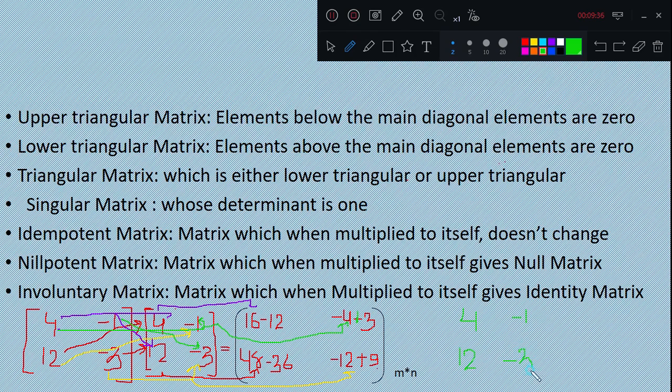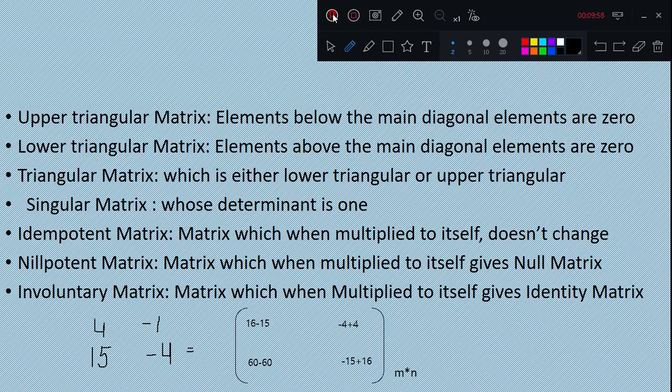Fine. So how matrix multiplication is done, I will show you in future videos. For now, remember the idempotent matrix is the one which, multiplied by itself, does not change. That means A cross A gives you A.